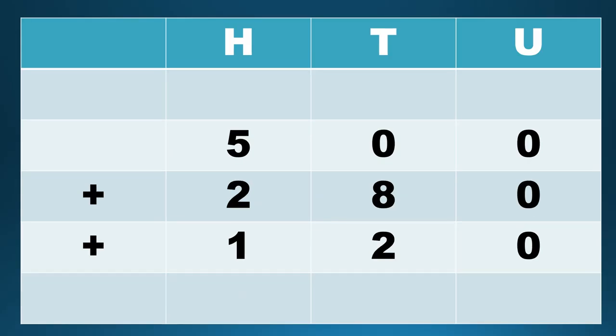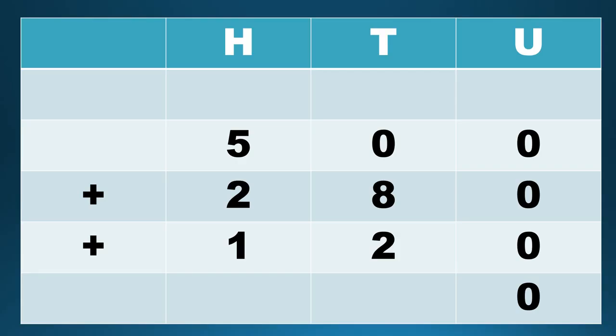Let us add 500 plus 280 plus 120. So if we add from the units place, we have 0 plus 0 plus 0, and the answer is correct, 0.